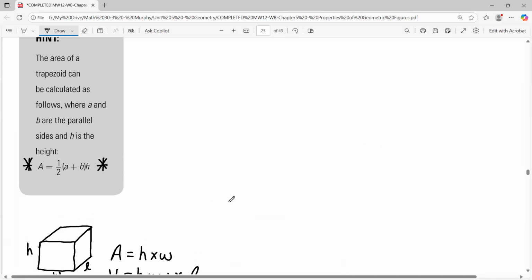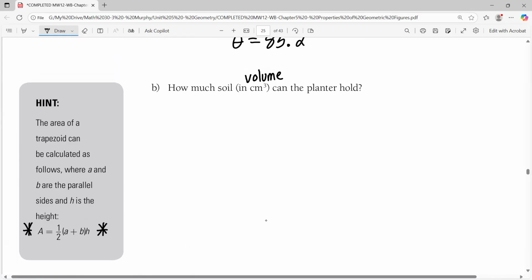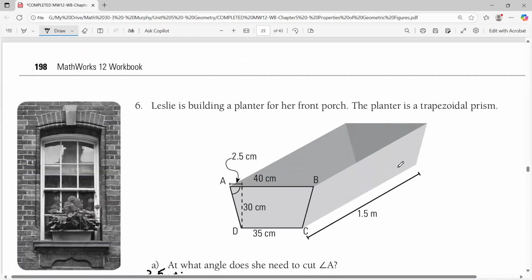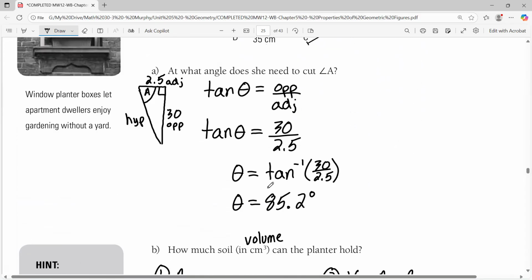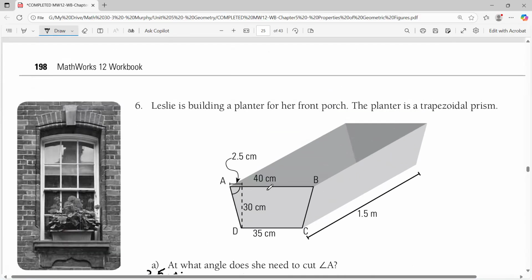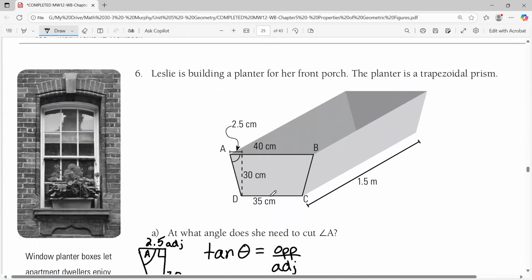So what we should do is step 1, find the area of the front part, the trapezoid, and then step 2, our volume is going to be equal to the area times the length, which is the depth of the planter going back, which should be 1.5. Now, it says in centimeters cubed, so we got to be very careful here because some of this is in centimeters, this part is in meters.